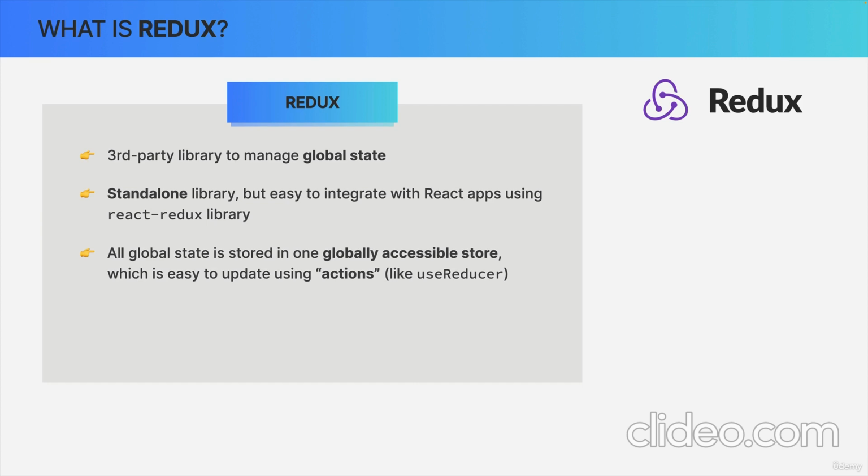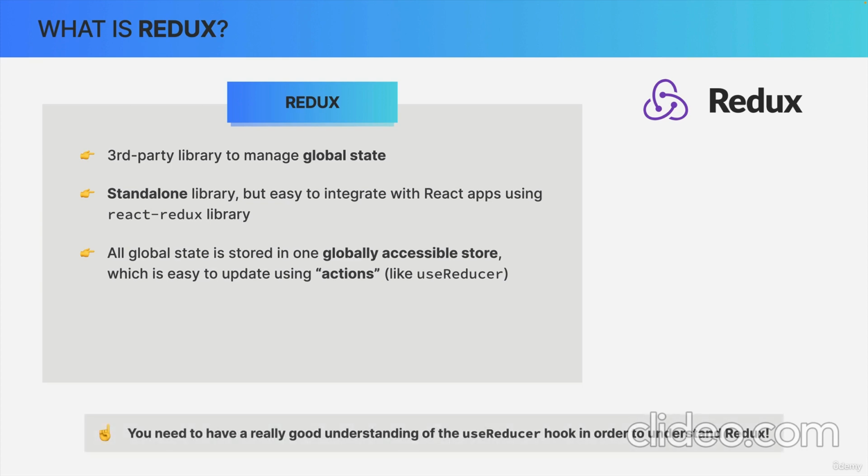In fact, the mechanism behind Redux and useReducer is so similar that I will assume that you know useReducer and build the teaching of Redux onto the knowledge that you already have. So again, you should have a pretty good understanding of the useReducer hook in order to move on in this section. And if you don't, then please go back to that useReducer section first.